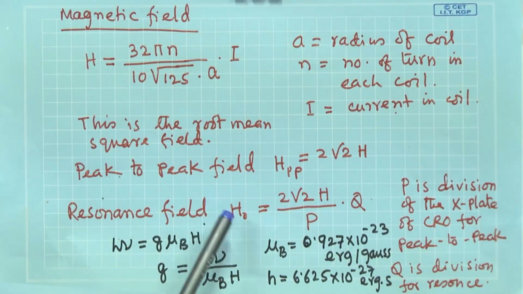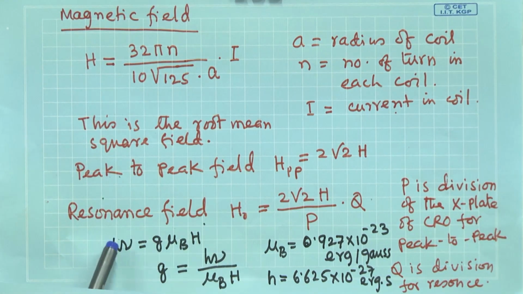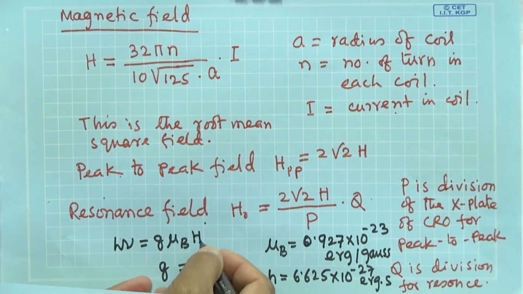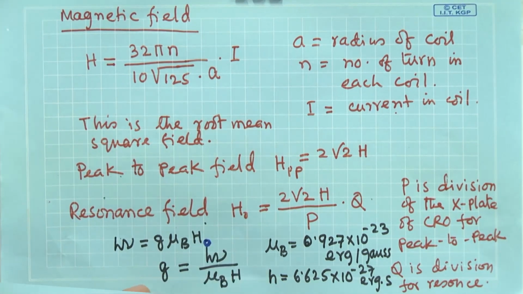So what is the peak to peak value for this resonance condition, that division, if it is Q, then we will be able to find out the magnetic field at resonance condition, and then from this equation it should be H0, not H.